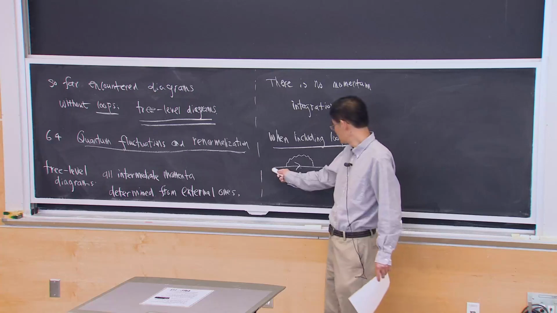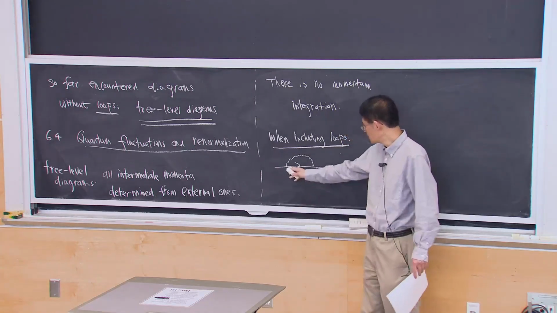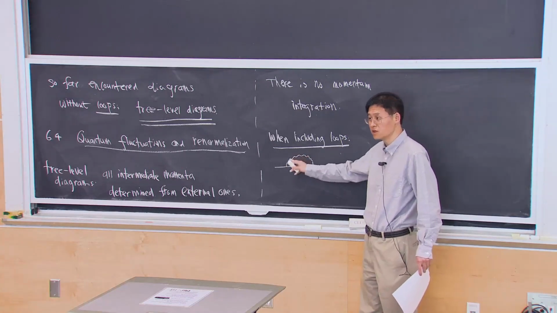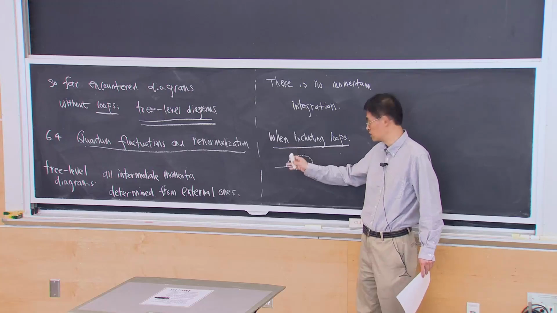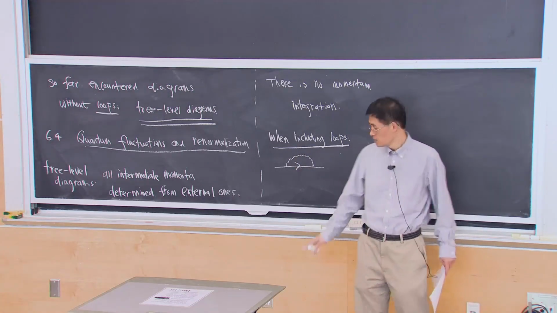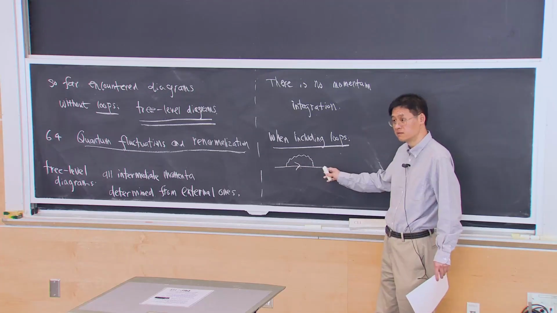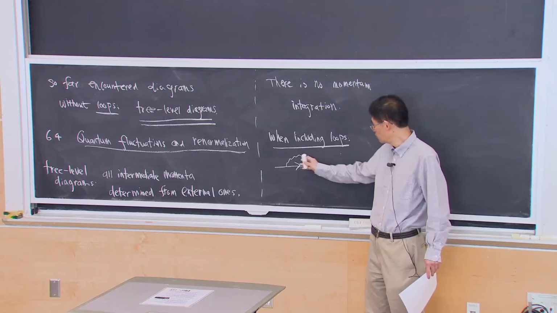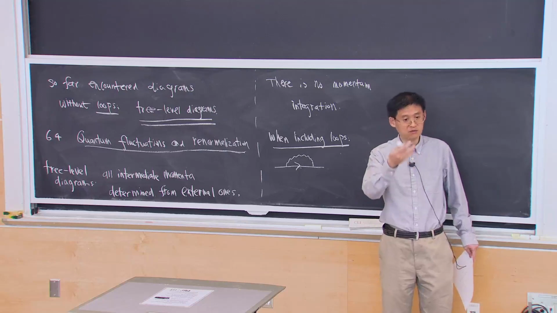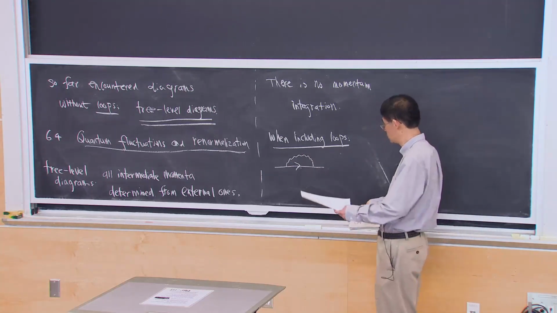You can view it as the electron propagating, emitting a photon, and then absorbing it itself. This photon is purely virtual, but such a process affects the propagation of an electron. You can view this photon as something that fluctuates from the vacuum, coming from vacuum fluctuations.